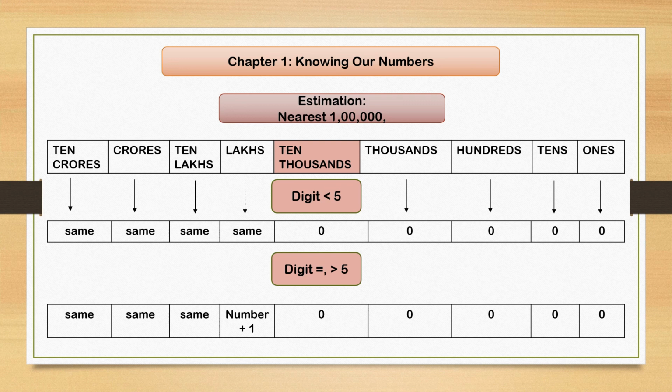Rule number 2. If the 10,000s digit is 5 or more than 5, we replace the digits on 10,000, thousands, hundreds, tens and ones place by 0 and we add 1 to the digit at the lakhs place.